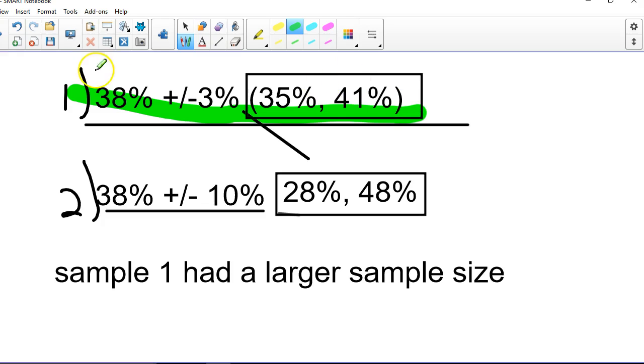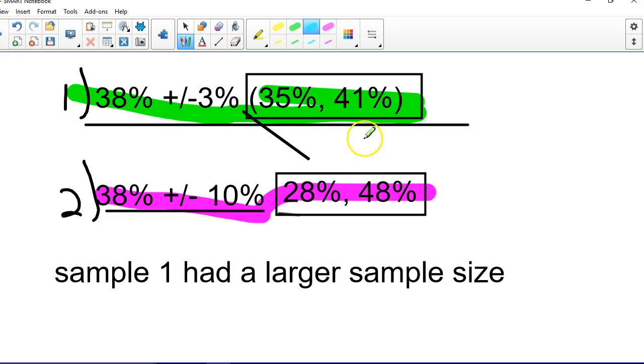So if I have a 38% statistic, plus or minus a margin of error, you can look at my interval from 35 to 41%. But now look at this one. I have a 38% statistic with a margin of error of 10%. What do you notice about those intervals? Well, hopefully what you're thinking right now is this interval is much, I don't want to say precise, but it's a smaller interval. There's not as much variability there, okay?